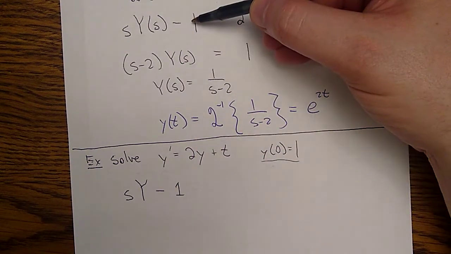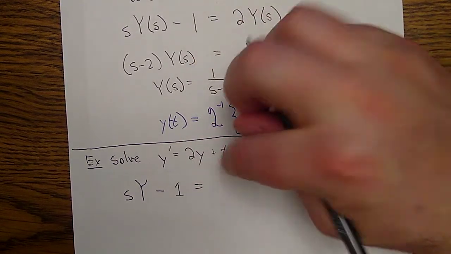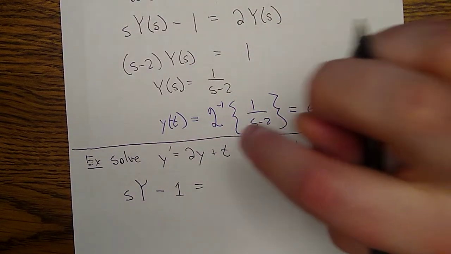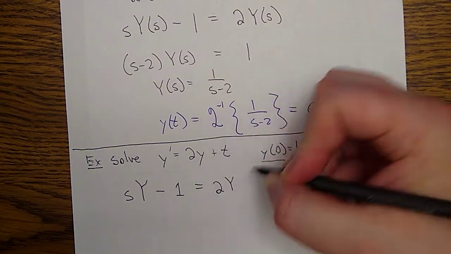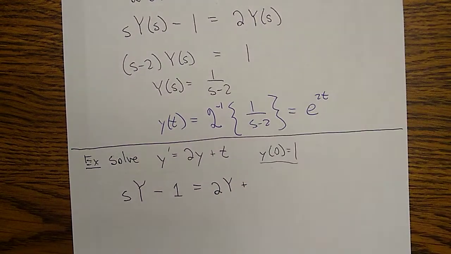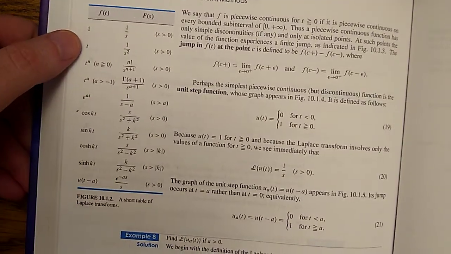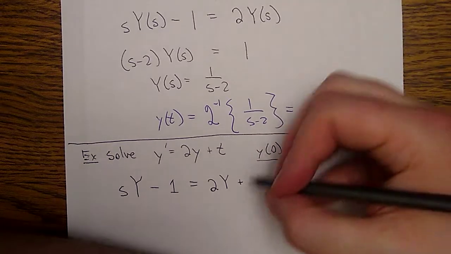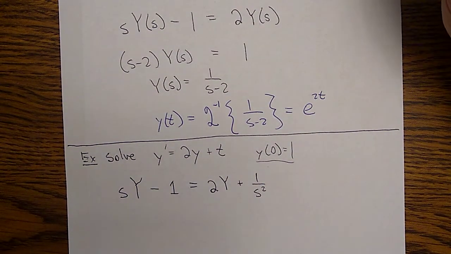And that's the same as what we got last time. The Laplace transform on the right is going to be different. This is just 2 times the Laplace transform of y. This, I have to remember what is the Laplace transform of t. Luckily, I have my table. Laplace transform of t is 1 over s squared. So I've got that.